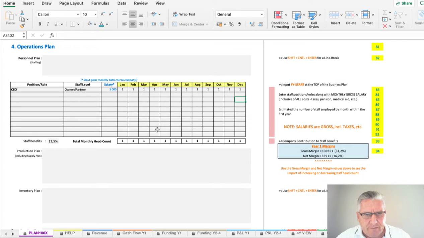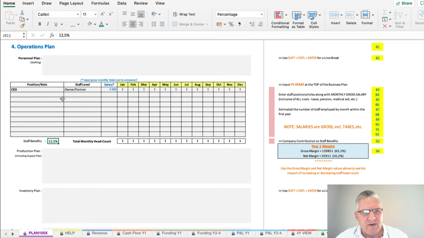So the next thing to do is to look at staff benefits. These are expenses over and above the person's salary, in terms of what the company is paying that staff member. I've got it in at 12.5%, and it includes anything in the form of pension, whatever the company contribution to that staff member might be over and above their salary.